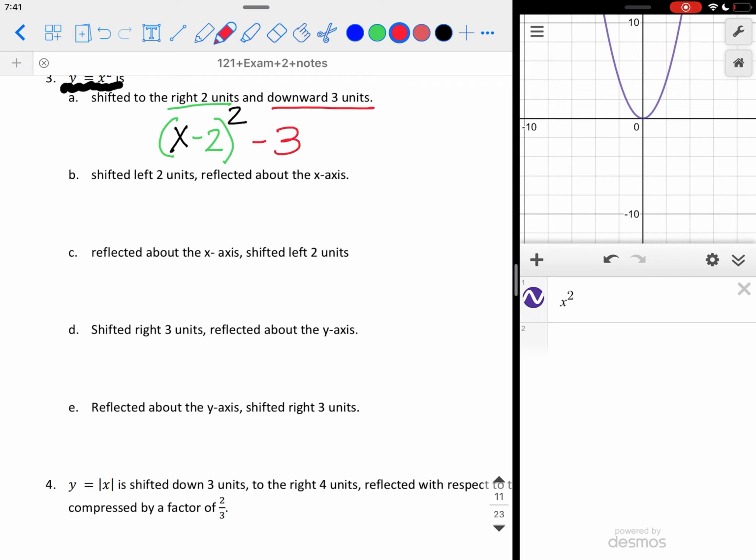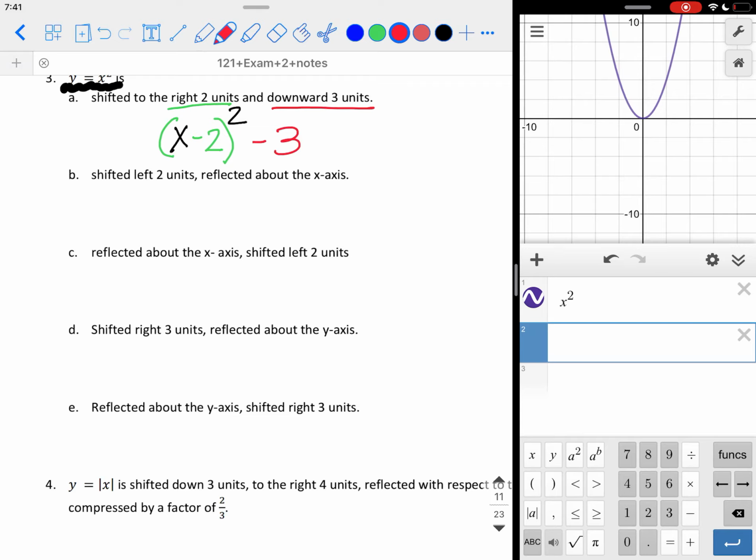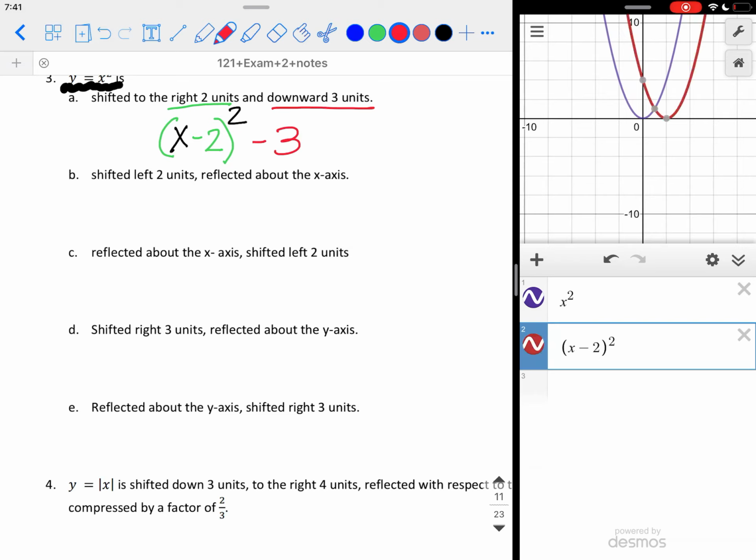So I wanted to show you here in steps. So let's see. I have parentheses x -2 parentheses squared, and I'm going to put it in green. So there's the kid in utero. I definitely moved the parent.